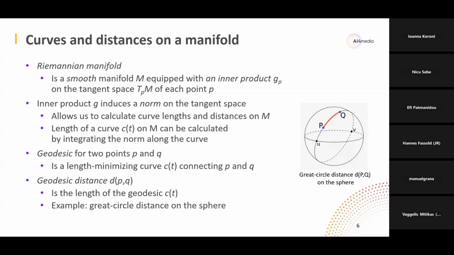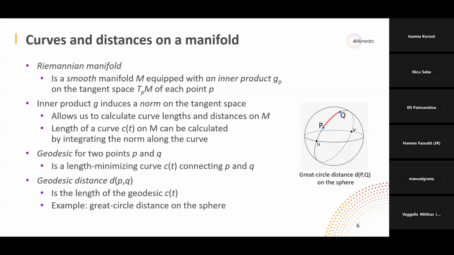So that's the technical definition of this Riemannian manifold. And as you will know from linear algebra, an inner product g always induces a norm on the corresponding vector space or inner product space.